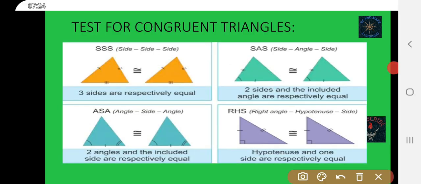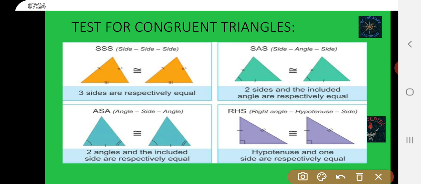test for congruent triangles. There are 4 criteria to check whether two triangles are congruent or not. So the first one is SSS, side, side, side.